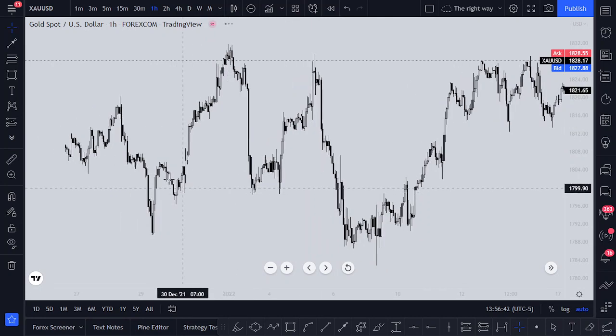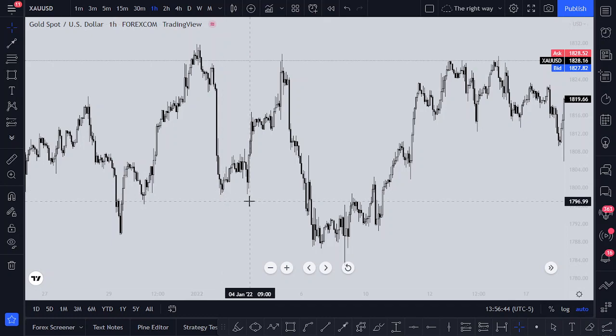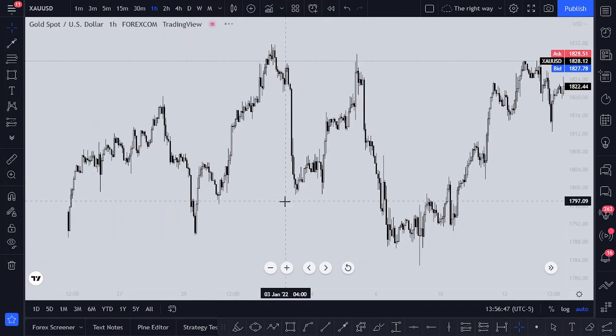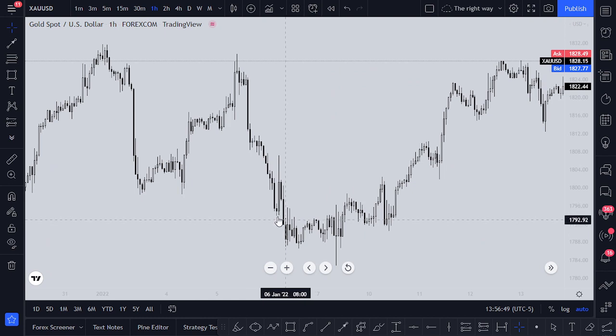So basically it is just either a break of the support or resistance, and there must be a footprint that has been left within those levels.